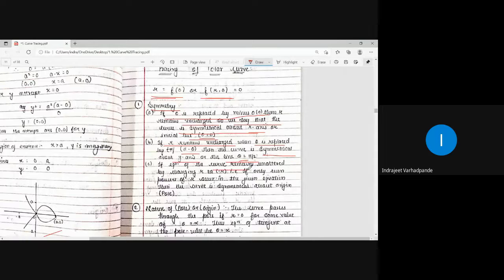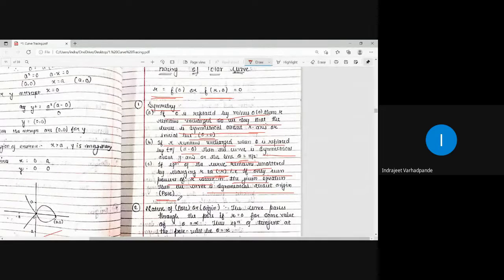The equation of the curve remains unaltered by changing r to minus r. That is, only even powers of r occur in the given equation. The curve is symmetrical about the pole. Pole means origin (0, 0). See, about the x-axis and the y-axis, it is the initial line theta is equal to 0 and theta is equal to pi by 2.